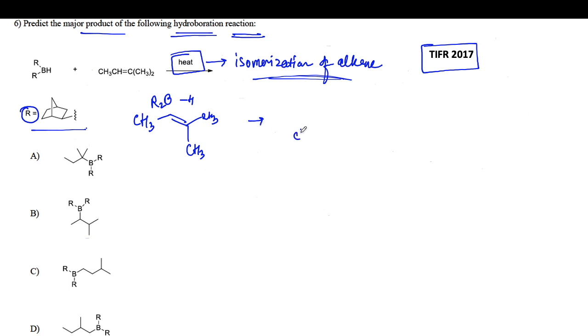On the more substituted carbon you will get the hydrogen, on the less substituted you are going to get the BR2 group. But the R groups are so bulky that they don't even want to form this.